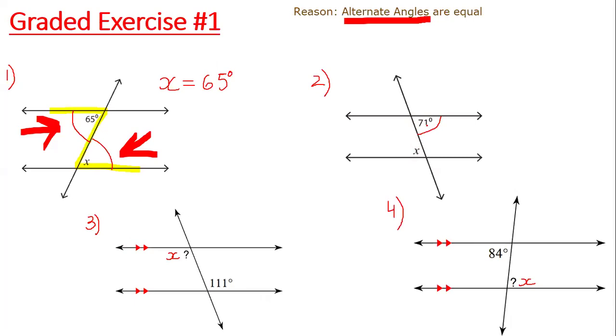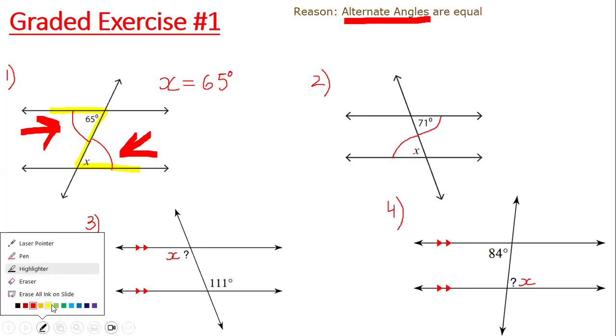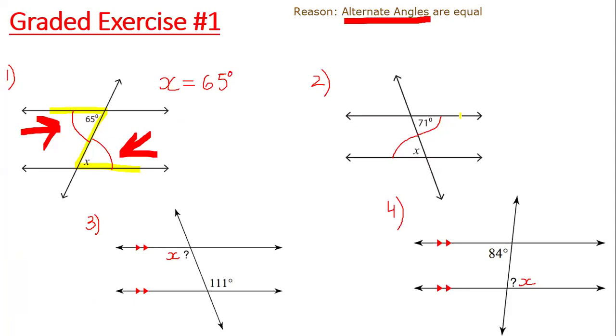So if this is 71, this must also be what? 71 as well. Why is that the case? Because alternate angles are equal. Very good. Do we see the Z shape?